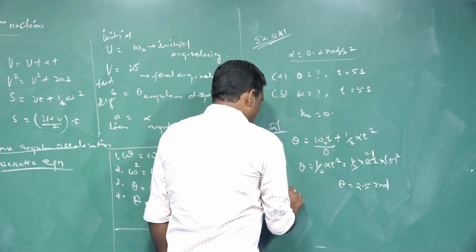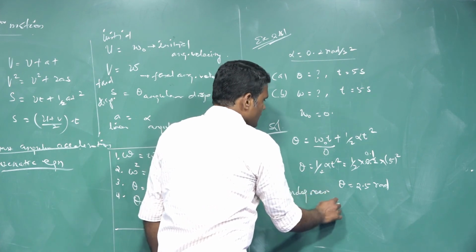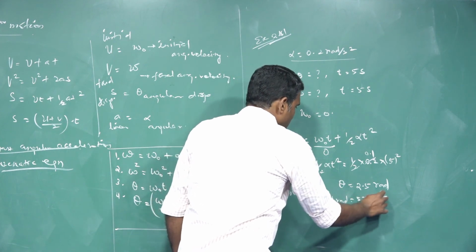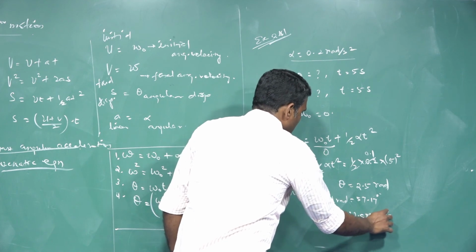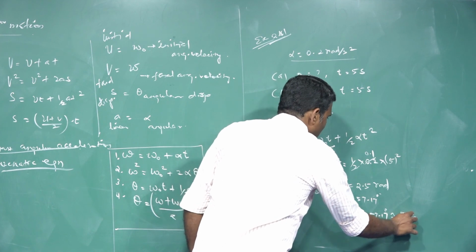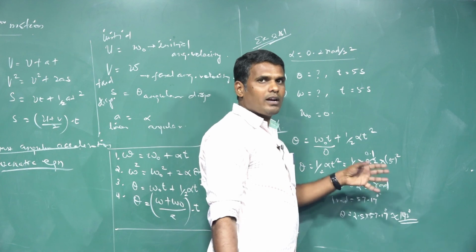We need to calculate in terms of degree also. So in degrees, 1 radian, as you know, is 57.17 degree. So theta equals 2.5 into 57.17 degree. This is approximately equal to 143 degree. So angular displacement is 143 degree.